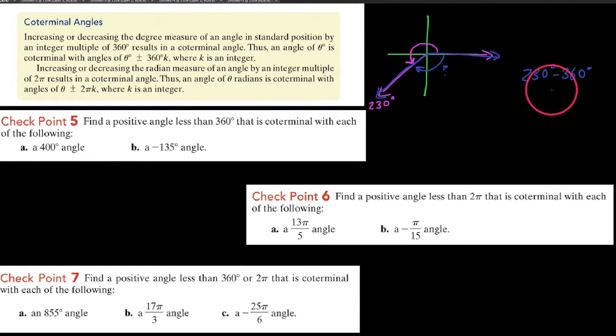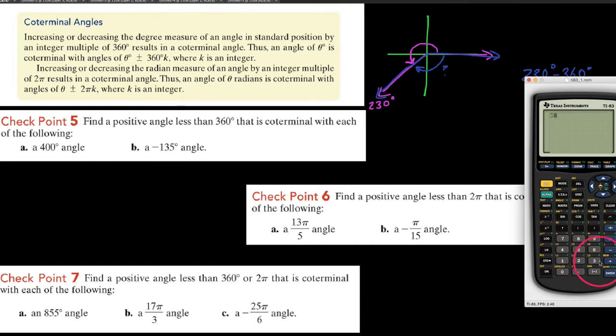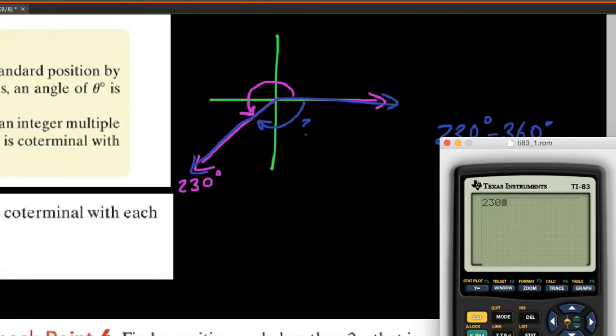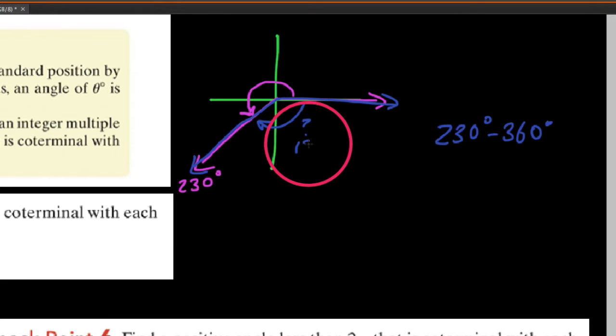So for instance, 230 minus 360, we would get a negative 130 degree angle. This would be the negative 130 degree angle that you see right here.